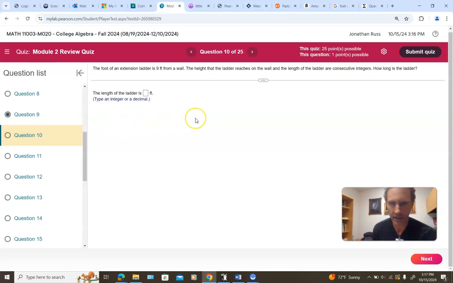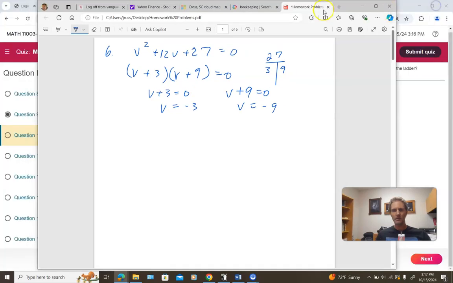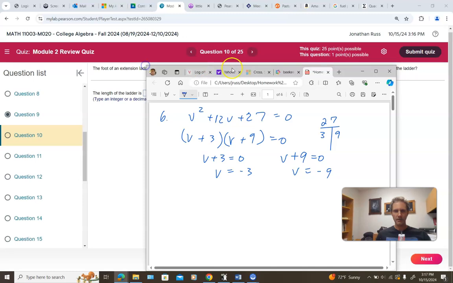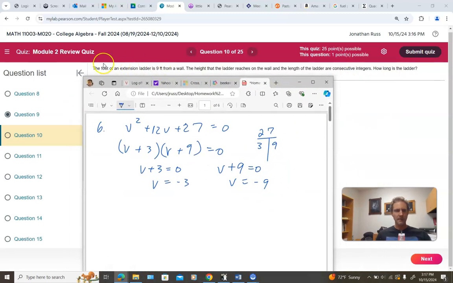Okay, number 10. So I think this is another one where you're going to have to show your work. So this is what I call the ladder problem, okay? So we're going to need some paper for this. So let's look at this.